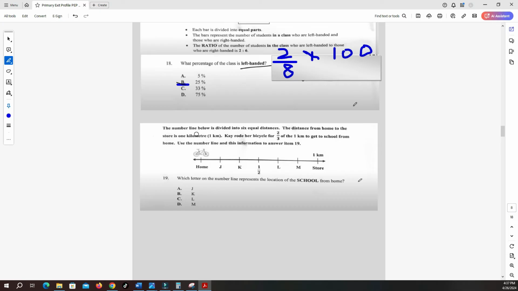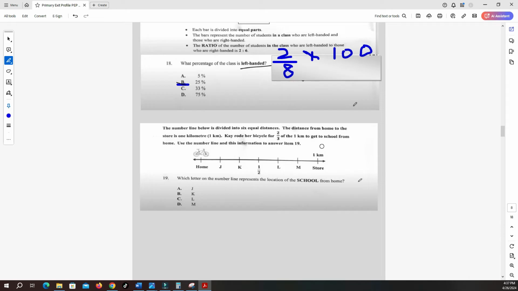The number line below is divided into 6 equal distances. The distance from home to the store is 1 kilometer. K rode a bicycle 2/3 of the 1 kilometer to get to school from home. Use the number line and this information to answer item 19.